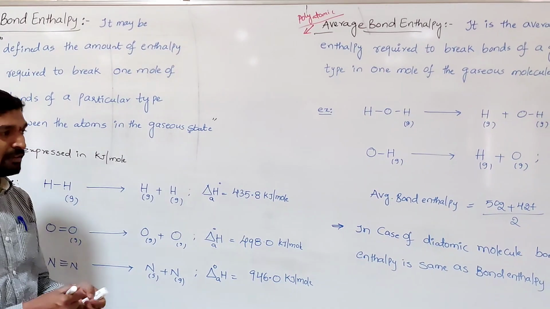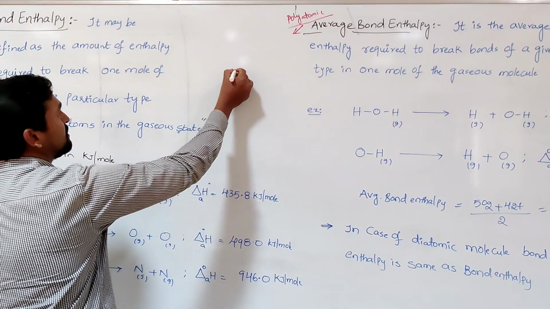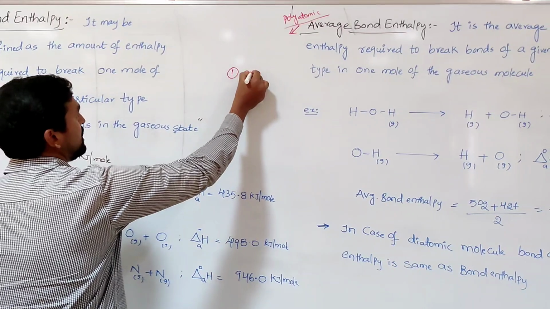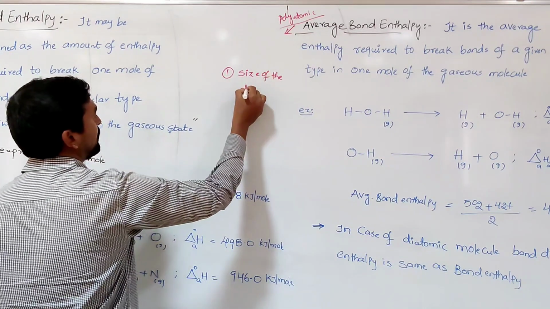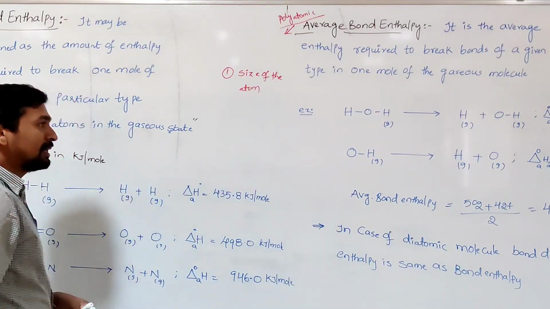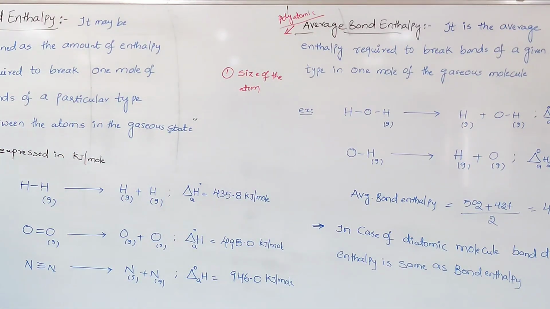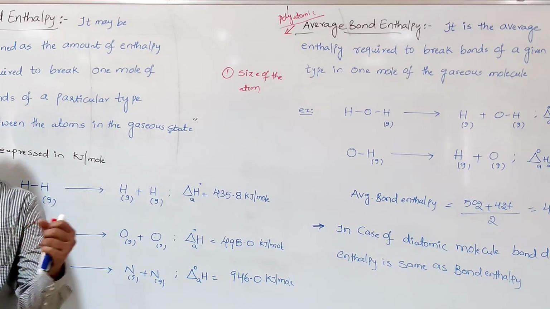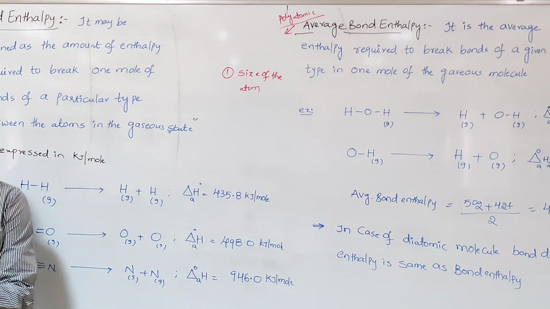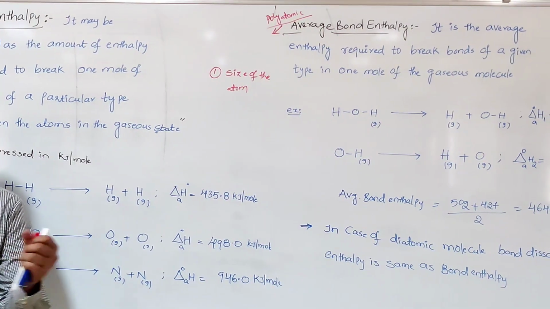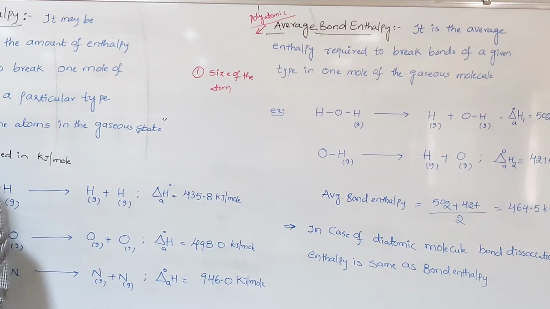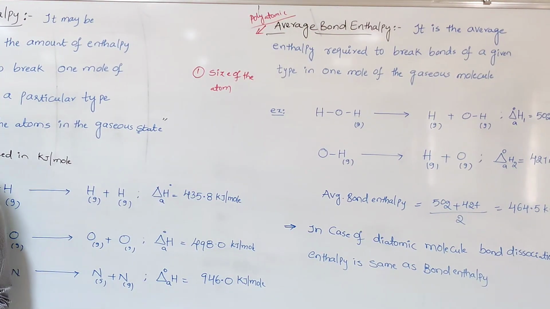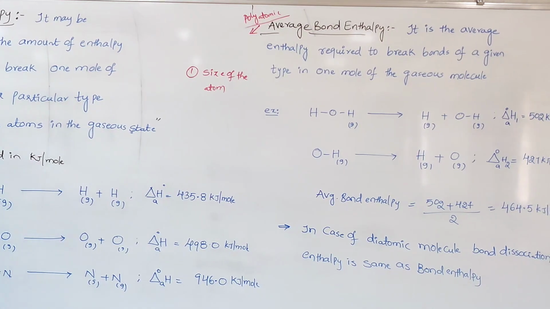What are the factors which influence the bond enthalpy? The first factor is the size of the atom. As the size of the atom increases, the distance between the two atoms also increases. When the distance increases, are they attracted very strongly? No, they are weakly attracted. Once weakly attracted, do you need more energy or less energy?